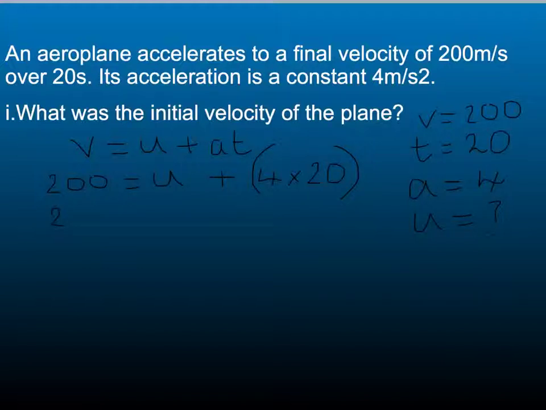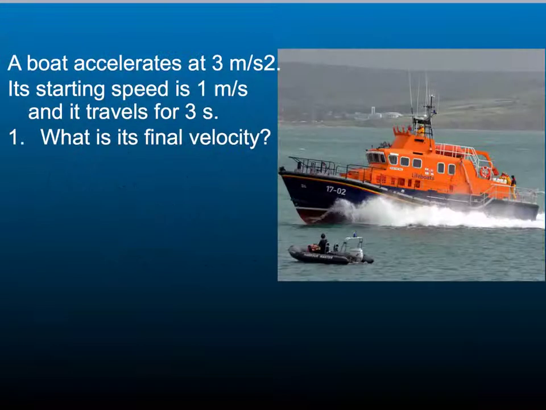So that becomes 200 equals u plus 80. Then if we do a bit of rearranging, we can see that 200 minus 80 equals u, and that gives us an initial velocity of the plane of 120 meters per second.